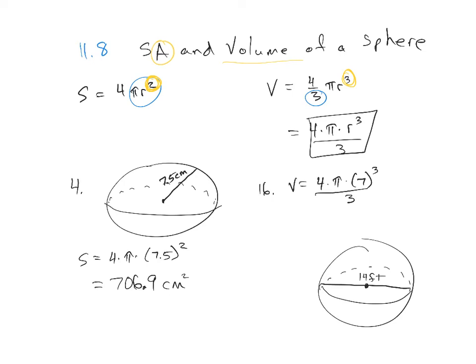Again, we're going to work this backwards. We're going to do the cube first, and then we're going to do pi times 4, and then we're going to divide by 3. So if you do 7 cubed, 7 times 7 times 7, that's 343, times pi times 4, and then hit equals. Don't hit the divide button yet. That's 4,310.265. Now divide by 3. Don't forget to divide by 3.